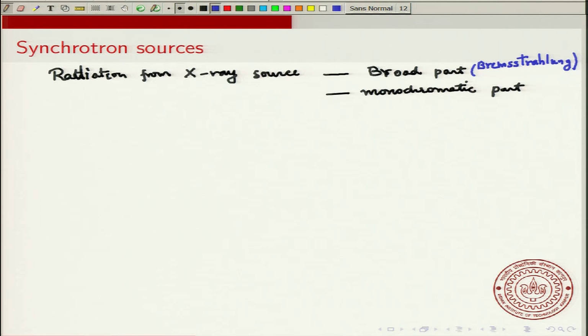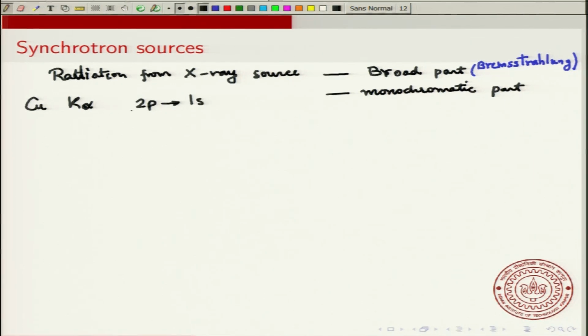The most common X-ray source is the copper K alpha radiation, and in this you have a 2p to 1s transition.